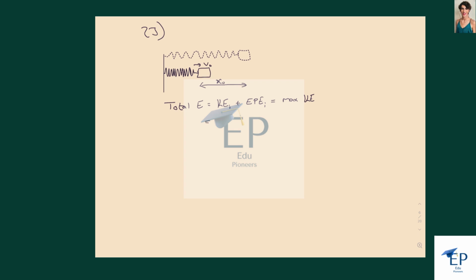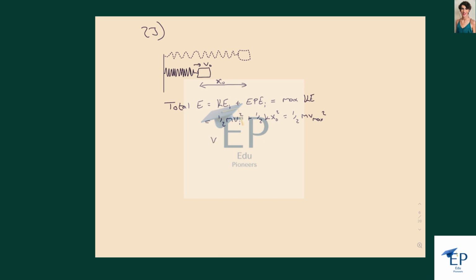So if we give these the proper expressions, a half m v initial squared plus a half k x naught squared, because x naught is its initial compression. That's going to be equal to a half m v max squared.